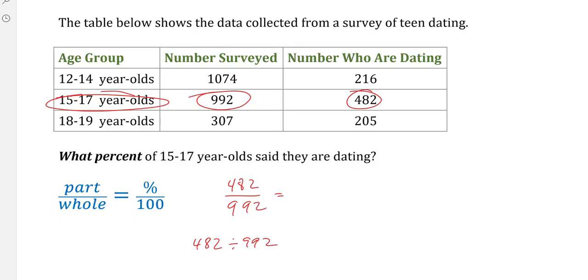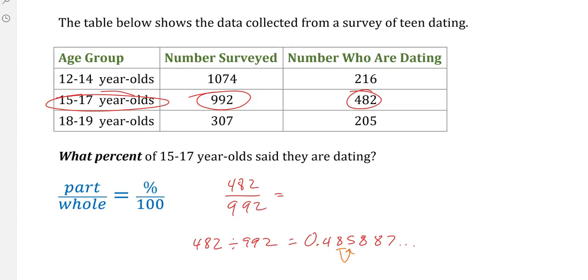And that gives me a decimal of 0.485887 and so on. Now, that's a nice decimal, but that doesn't really help us much as far as the percent. Because I know that percent is out of 100, I'm going to look to the number that's in the hundredths place, and that's the 8.